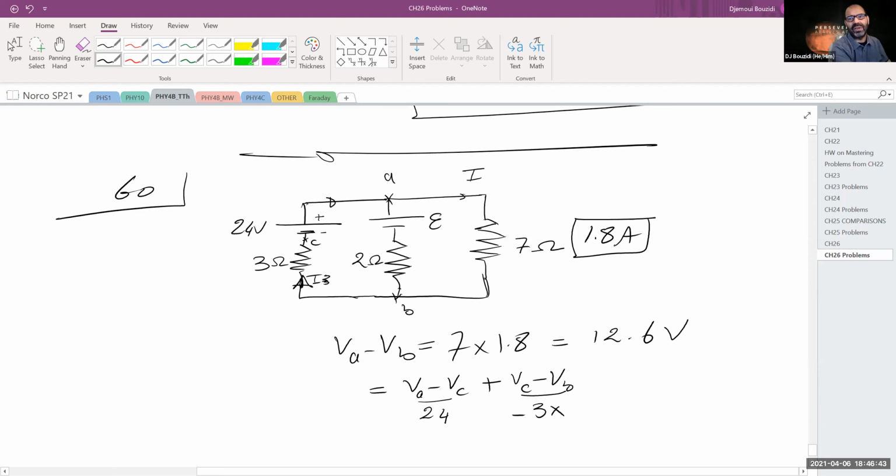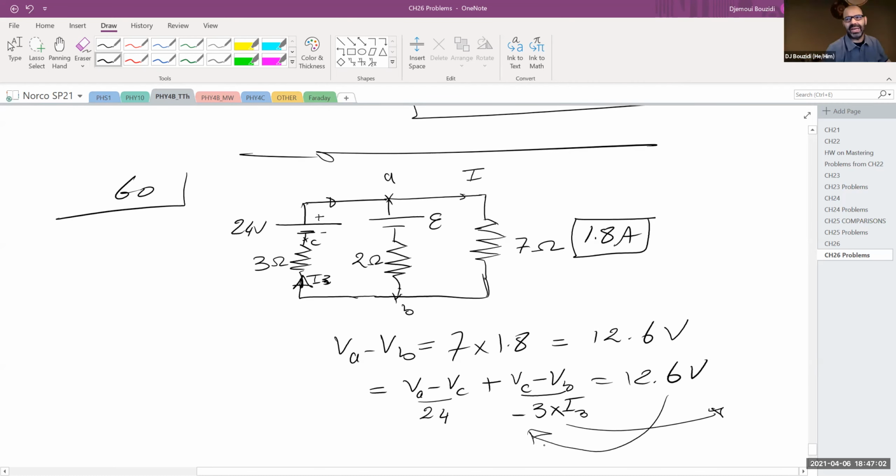Again, you don't have to follow my convention; you can call it however you like. This must be 12.6 volts. This is the voltage drop between A and B. So this is 24 minus 3 I3. If I move this to this side, it's going to be positive, and if I move this to the other side, it's going to be negative.